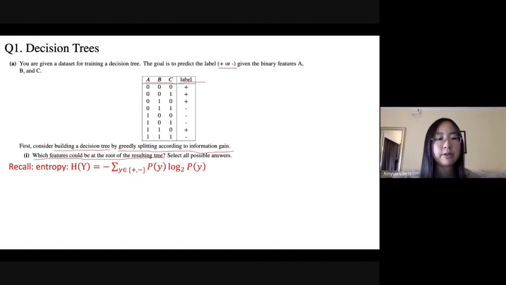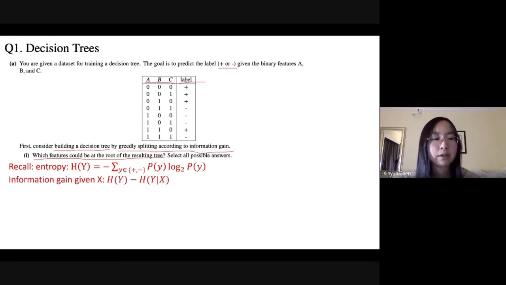So with this definition of entropy, what do we mean by information gain? Suppose we are also given the value of x. Related to the decision tree, it means that we are going to do a split at the feature x.